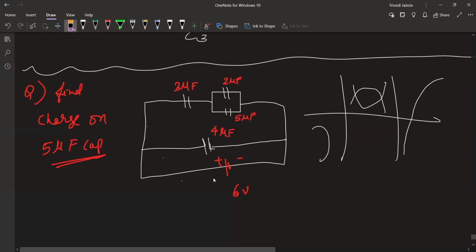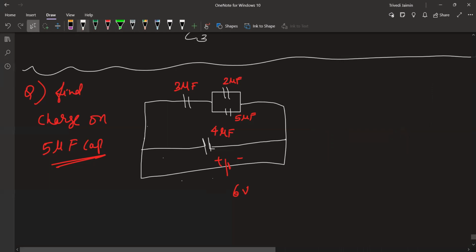Positive and negative, both possibilities. Okay.